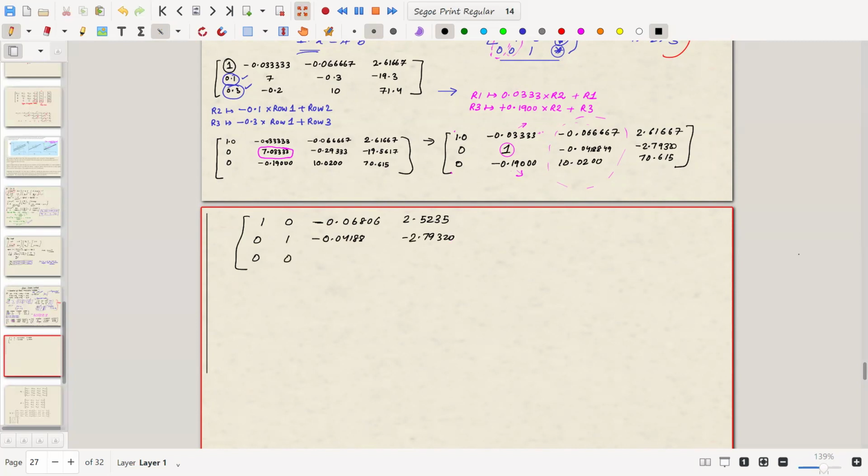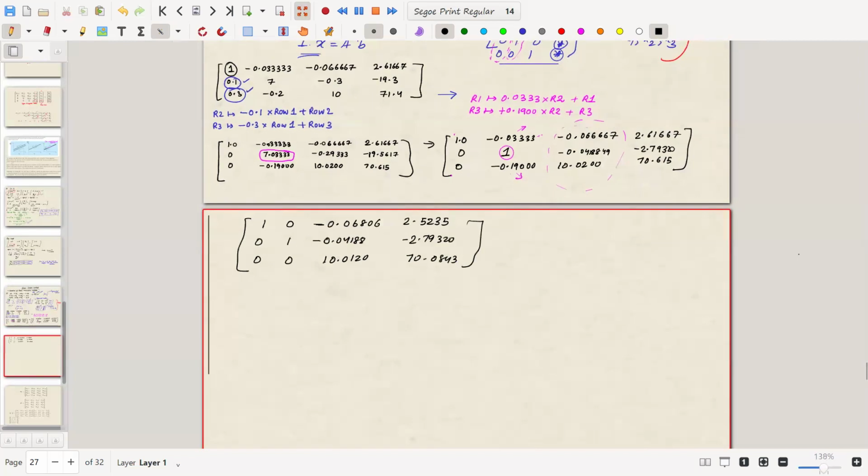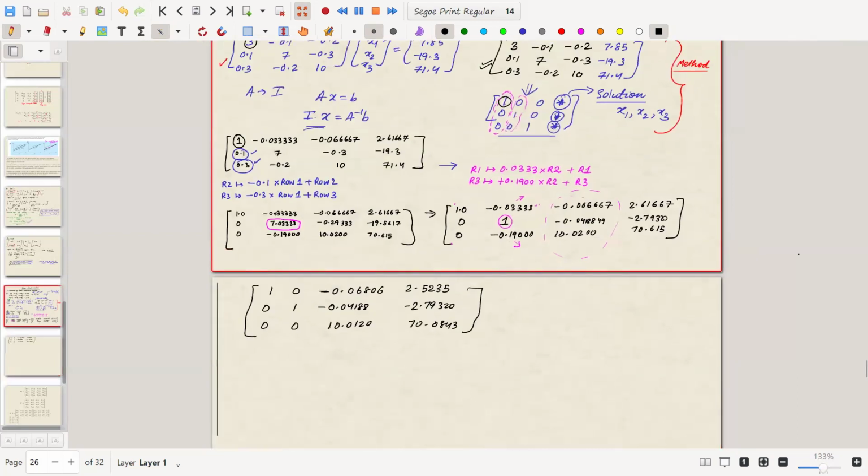Check whether you are getting this quantity. So after you got this quantity, look into your goal. You covered the first and the second column of this. Now you only have to do the third column over here, 0, 0, 1.